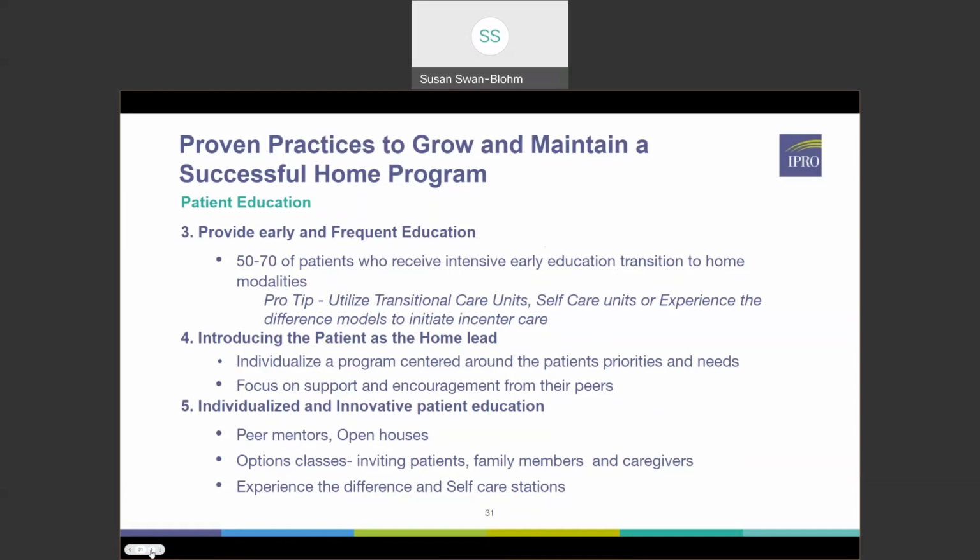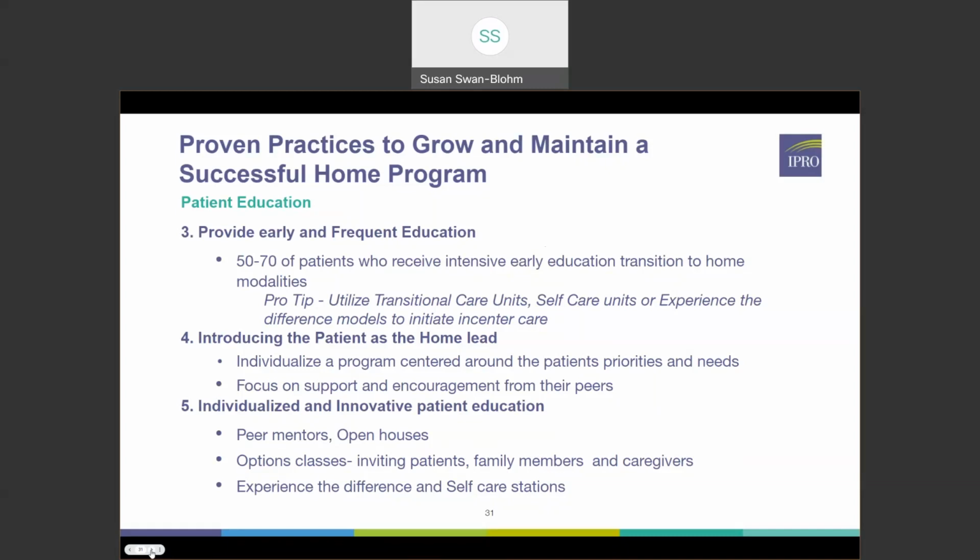These facilities have encountered more open dialogue regarding home modalities and have increased patient interest, leading to waiting lists to try the technology. Programs that individualize and center their programs around the patient priorities and needs see exponential growth in their programs. Training and support may need to have expanded hours or alternate locations to accommodate these needs.